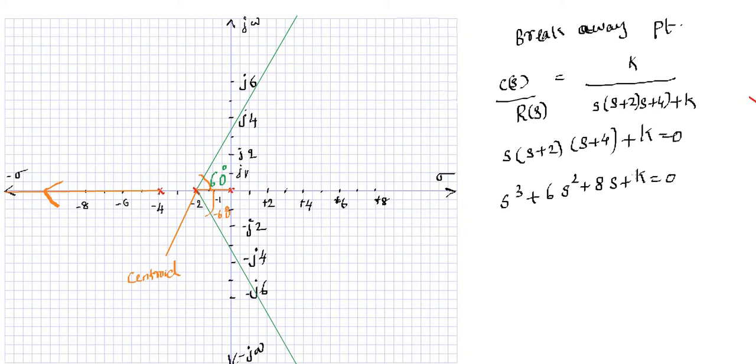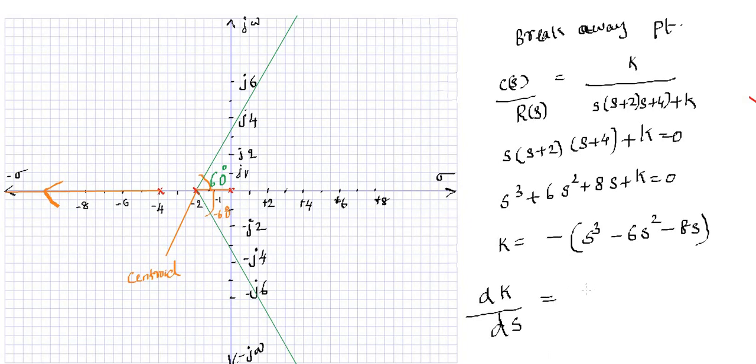So, from the characteristic equation, we can write that k is equal to minus s cube minus 6s square minus 8s, and in order to find the breakaway point, find dk by ds, that is, find the first derivative of the equation of k with respect to s.